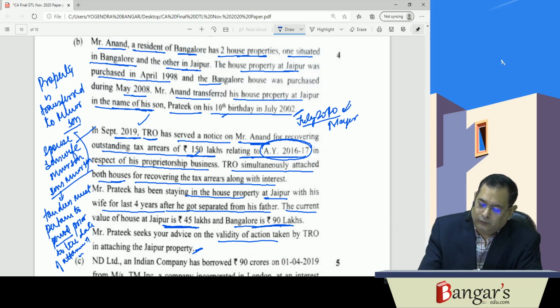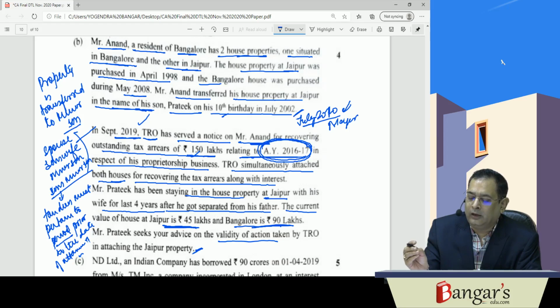Now here the tax dues relate to the period AY 16-17, when he had already become major. He celebrated his 18th birthday in 2010.